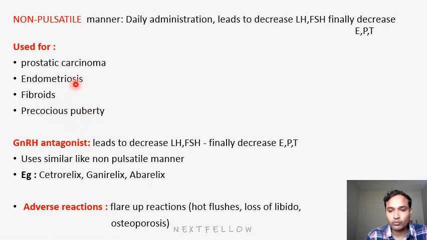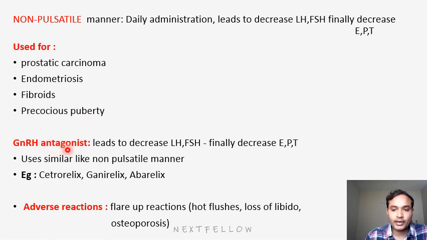In these four conditions we administer these drugs in a non-pulsatile manner, that is, continuous administration. When injected continuously, they suppress LH and FSH, thereby decreasing production of estrogen, progesterone, and testosterone, and thereby controlling the diseases of these pathologies.